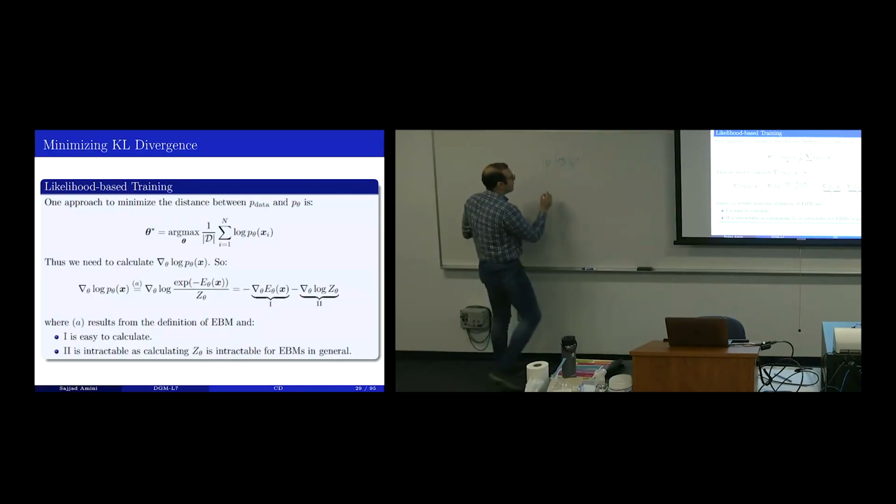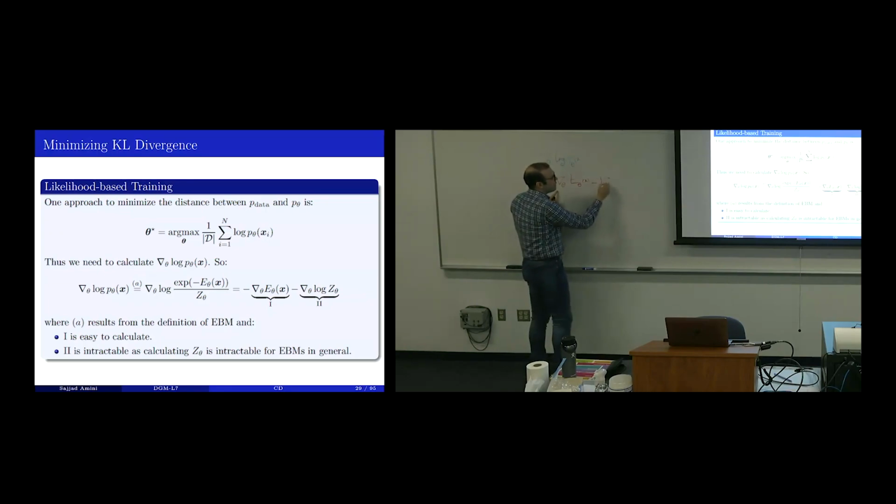The first one is minus the gradient with respect to the model parameters of your energy function. It means that you should go to the direction such that the energy is going to be minimized. And also minus the gradient with respect to the model parameters of this Z theta.